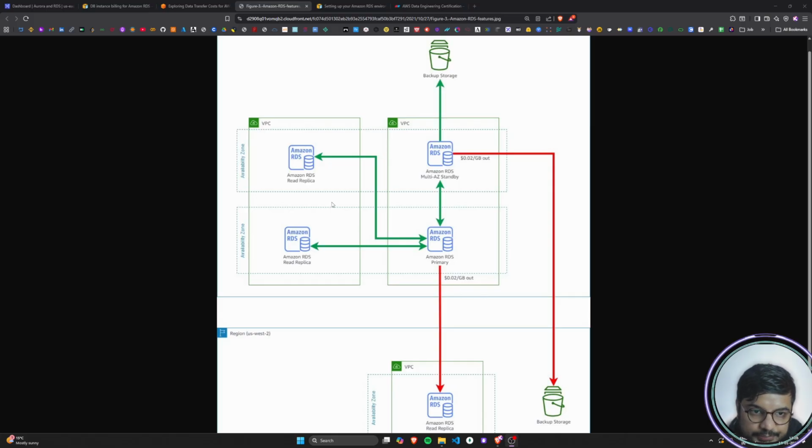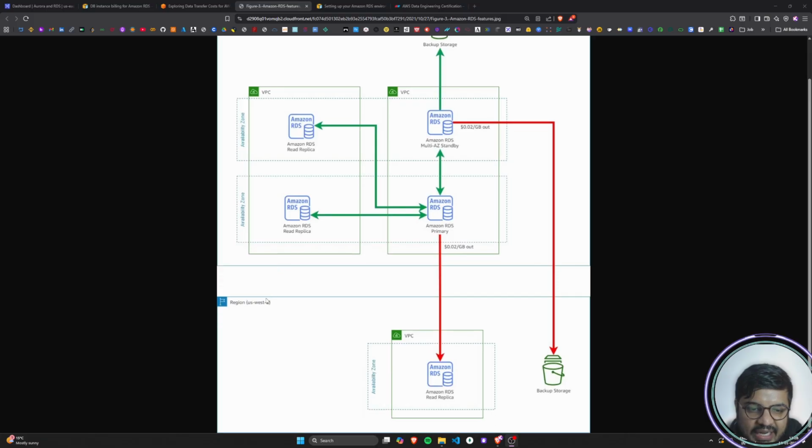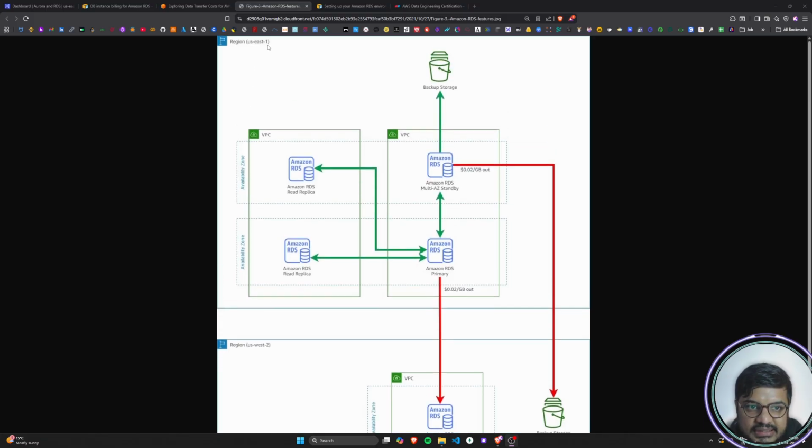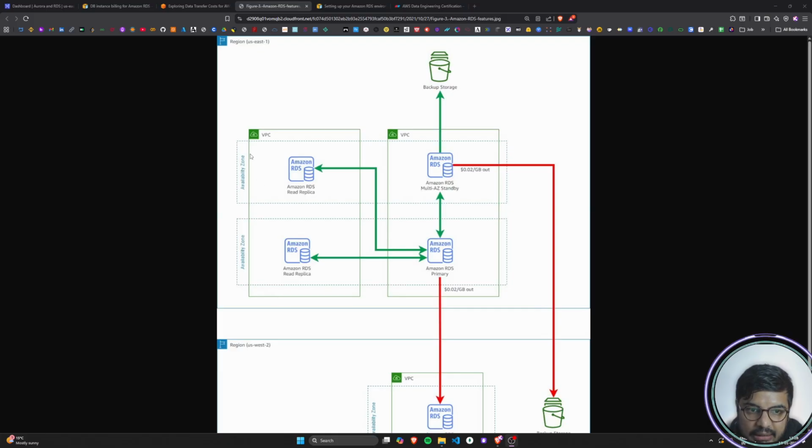Now in this image, you can clearly see again we are having different regions. We are having the US East 1 region and the US West 2 region. In the US East 1 region, we are having two VPCs and two availability zones, and these two VPCs are spread across the two availability zones.